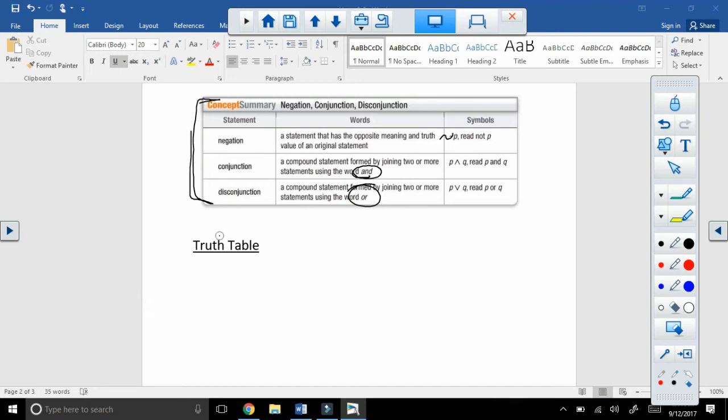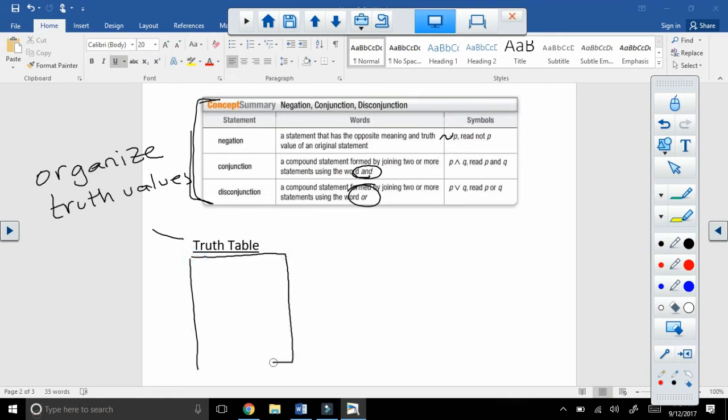So we have a lot of different ways that we could have truth values, and we have a way of organizing the different types of truth values. And we can do that in a truth table. Truth tables are always going to start out the same, because if you have two different statements, there's only a few different ways that those statements could be.